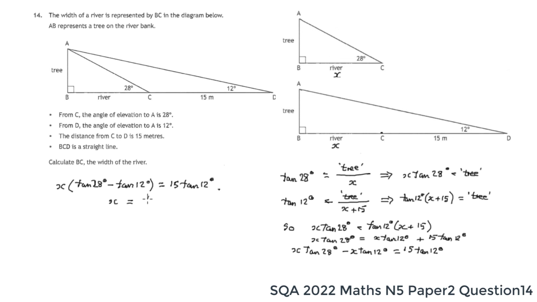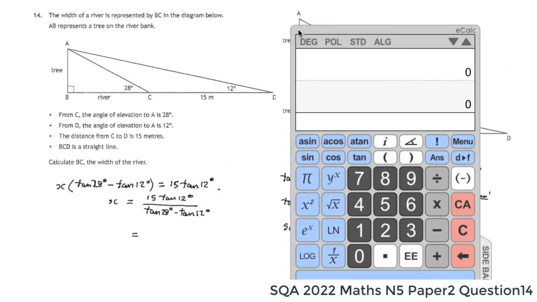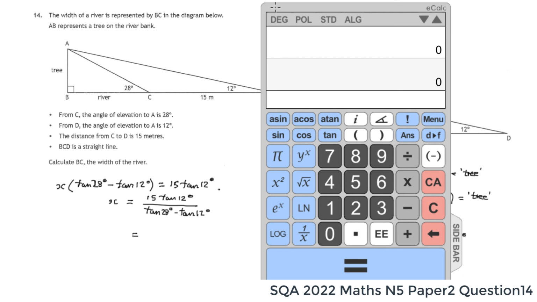And if we divide the right hand side by tan 28 minus tan 12, that's what we get. Now, our work is done. This right hand side just needs a calculator to sort it out, and we will have found what x is. So let's call upon the calculator to see if we can finally get an answer to this.